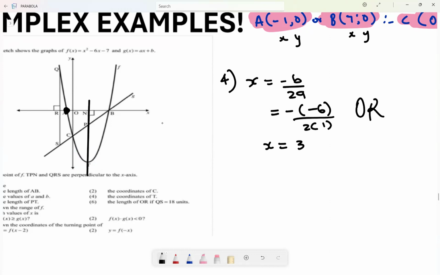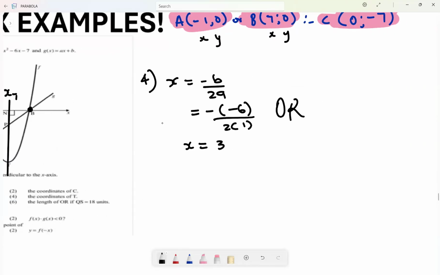So if I were to take the midpoint between A and B, it's going to give me the x coordinate of t. What do I mean by that? The x coordinate of the turning point is the x coordinate of A, my x-intercept, plus the x coordinate of B, the other intercept, divided by 2.